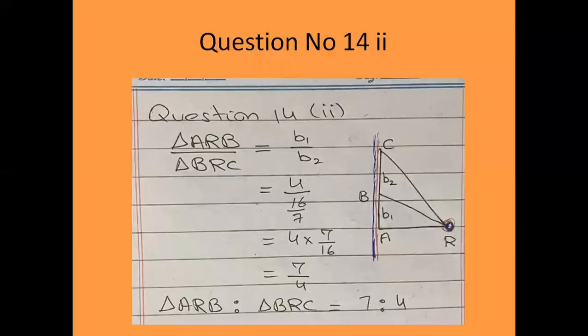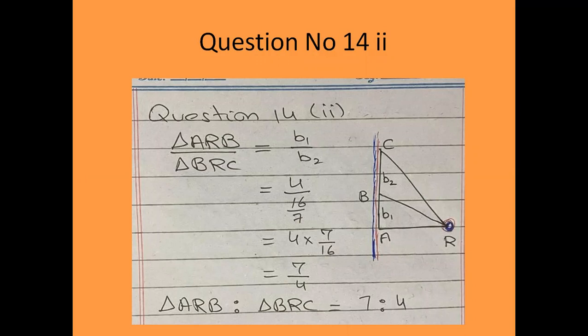Okay, so we are talking about these two triangles. The ratio of the area of triangle ARB to triangle BRC will be equal to the ratio of base 1 to base 2, because their baseline is the same and their third vertex is common. In this case, both triangles are not similar to each other, but the ratio of their areas will be equal to the ratio of their bases.